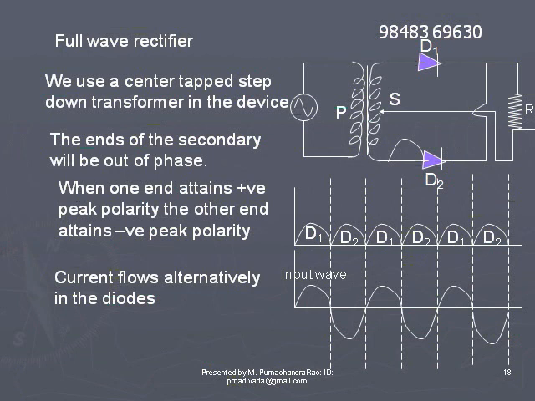And the next pulse will be by D1, because by that time D1 will be forward biased and D2 is reverse biased. Like this, a pulsating current flows through the load resistance continuously, but one pulse flows through D1 and the next pulse flows due to D2. Like this, alternate pulses flow.